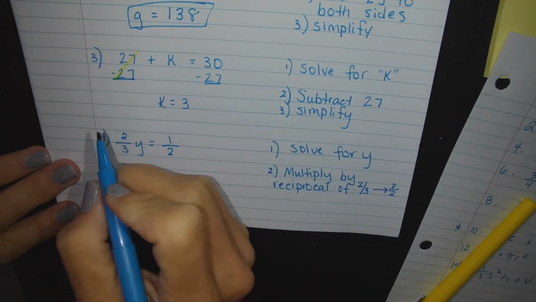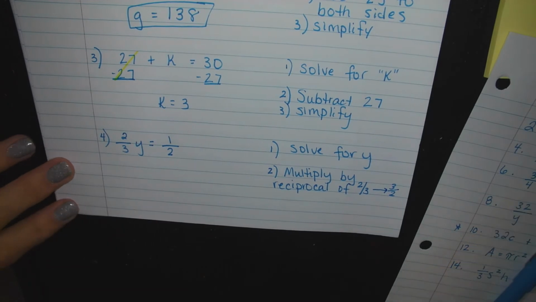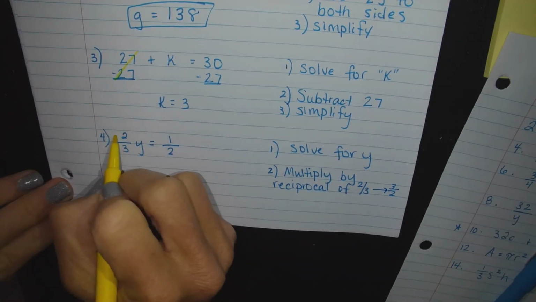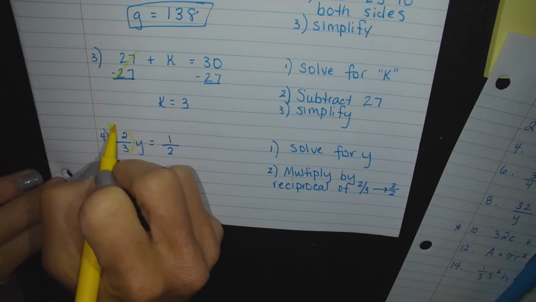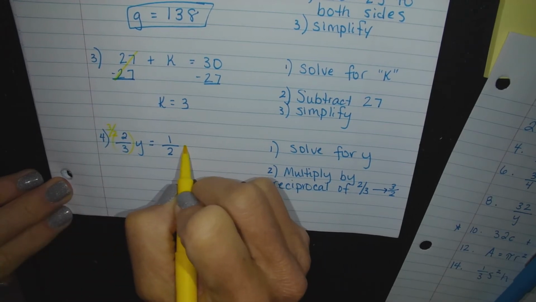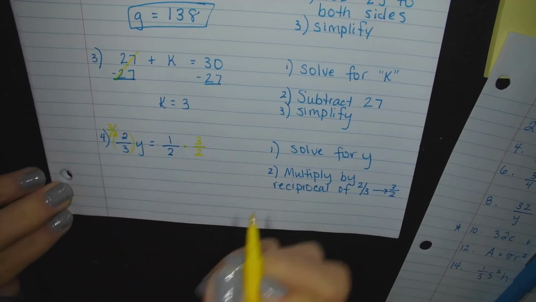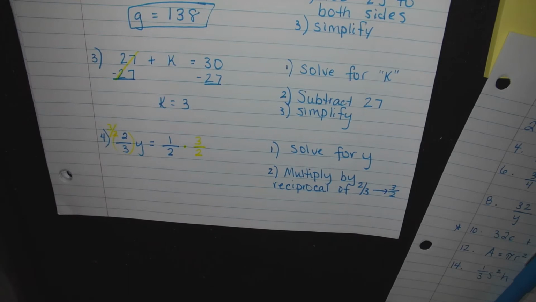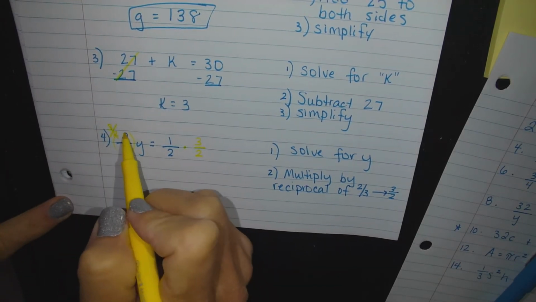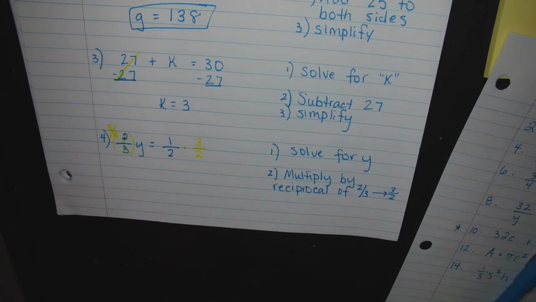What you do on one side, and I'm going to write in yellow, you do on the other. So what happens over here is this is gone. That's the whole point of doing it. Okay? What's 3/2 times 2/3?